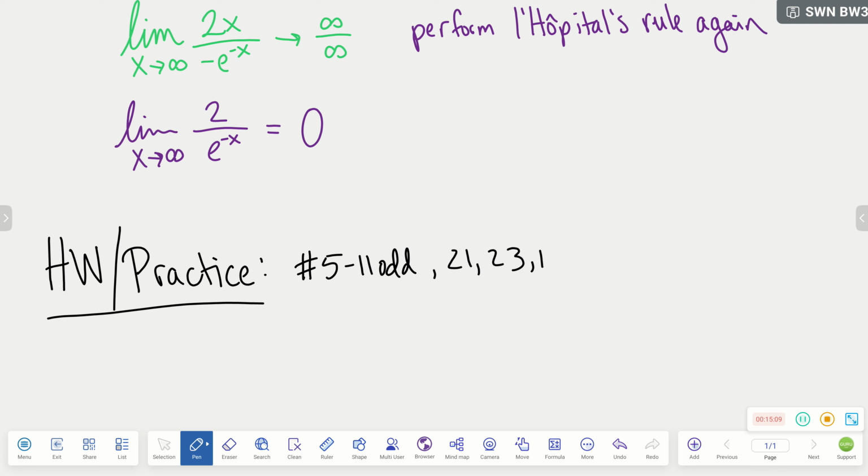And 113 through 115. And this is on page 513.